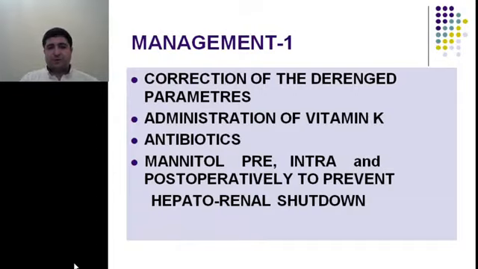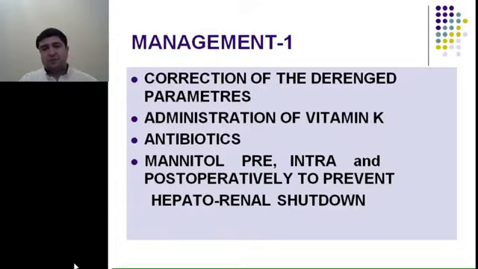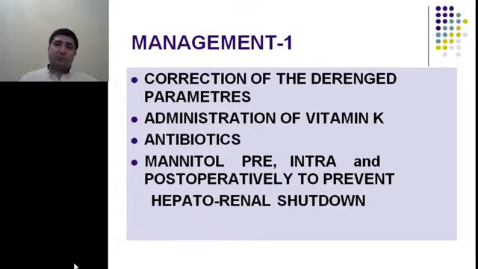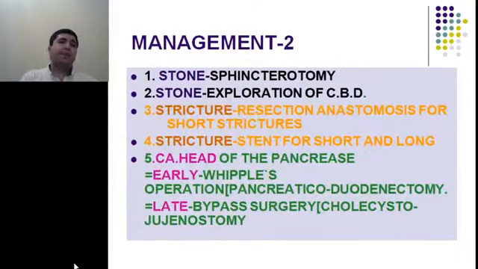Monitor pre-, intra-, and postoperatively to prevent hepatorenal shutdown. In case of high levels of bilirubin, there can sometimes be hepatorenal insufficiency. That's why we try to compensate all organs and systems during this condition.